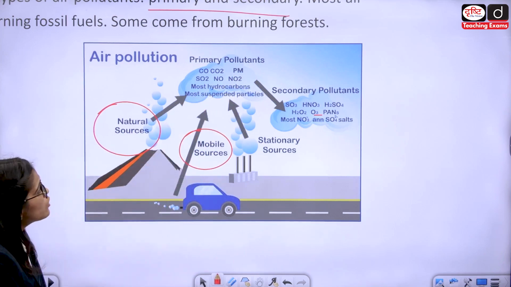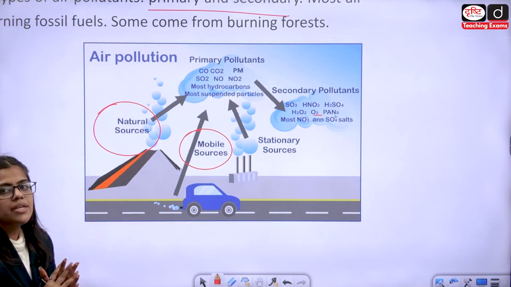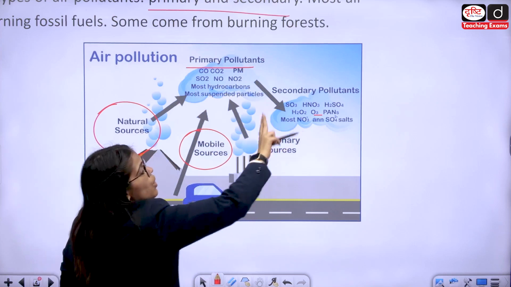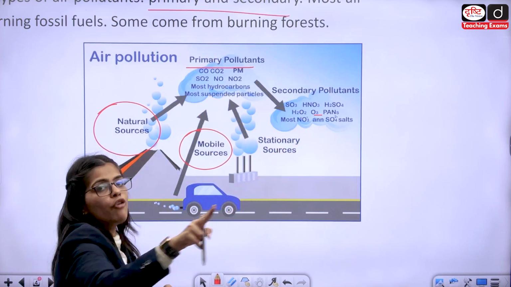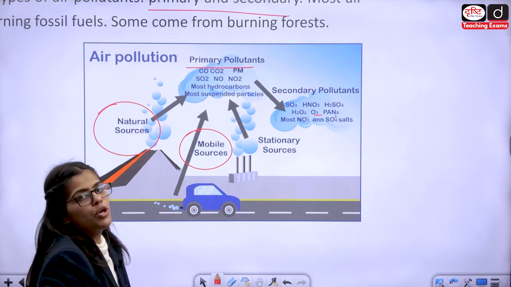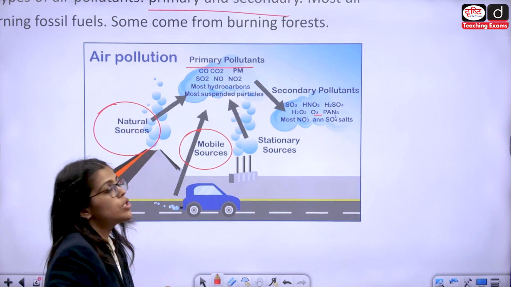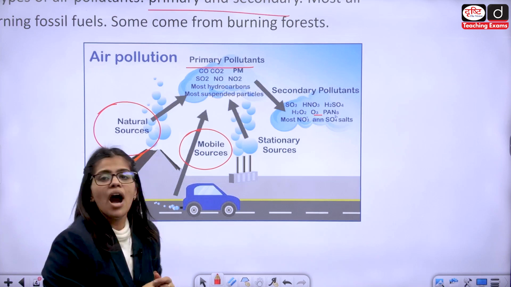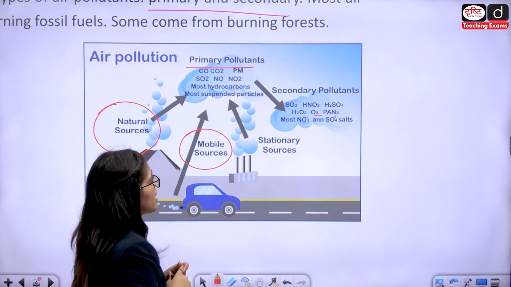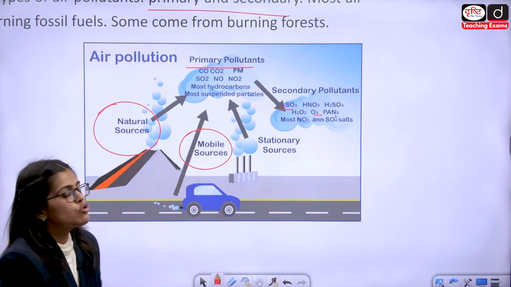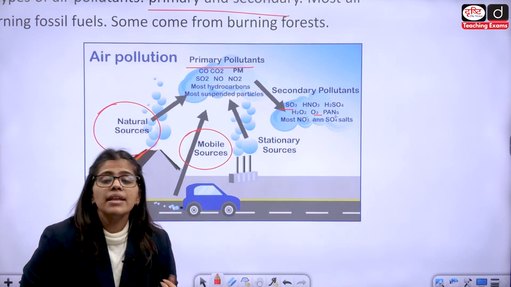Then we have NO, NO2. Most of the hydrocarbons as well as suspended particles are related to your primary pollutants. When two pollutants come together, they form your secondary pollutants, out of which we saw the example of ozone, that is O3, something that is very harmful for the human body. There are examples like SO3, HNO3, H2SO4, O3, PAN, etc.